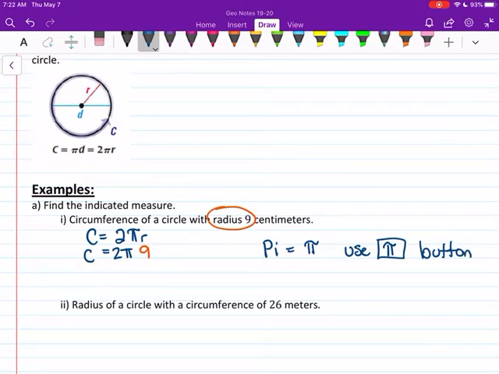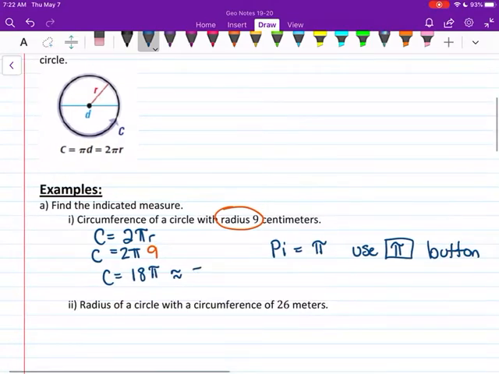So my circumference is approximately, when I multiply those two out. Let's talk about exact versus approximate. If I multiply the 2 and the 9 first, I get 18 pi. And then when I plug that into my calculator, I get approximately 56.55. So please round to 2 decimal places.